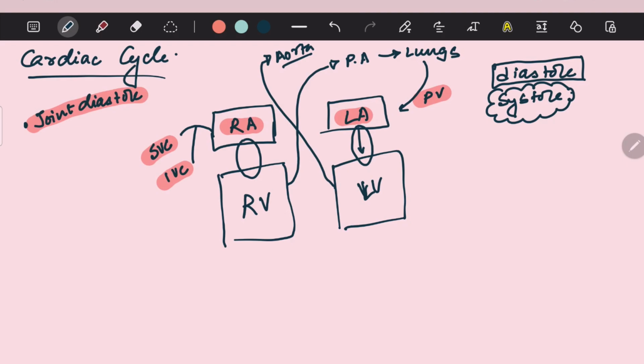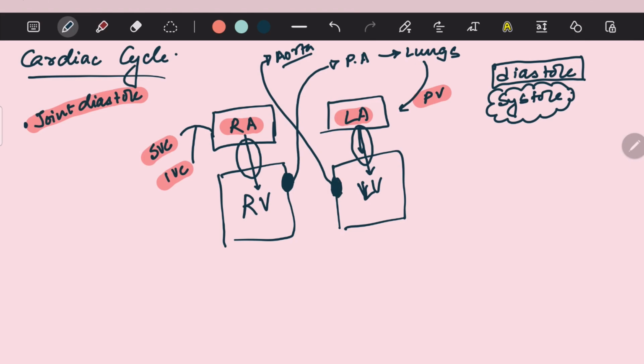Now, due to gravity and the law of nature, most of the blood flows from the right atrium to the right ventricle as well as from the left atrium to the left ventricle. Now, at this stage of the cardiac cycle, the semilunar valves, that is, the valves between the right ventricle and the pulmonary artery and the left ventricle and the aorta, are closed.